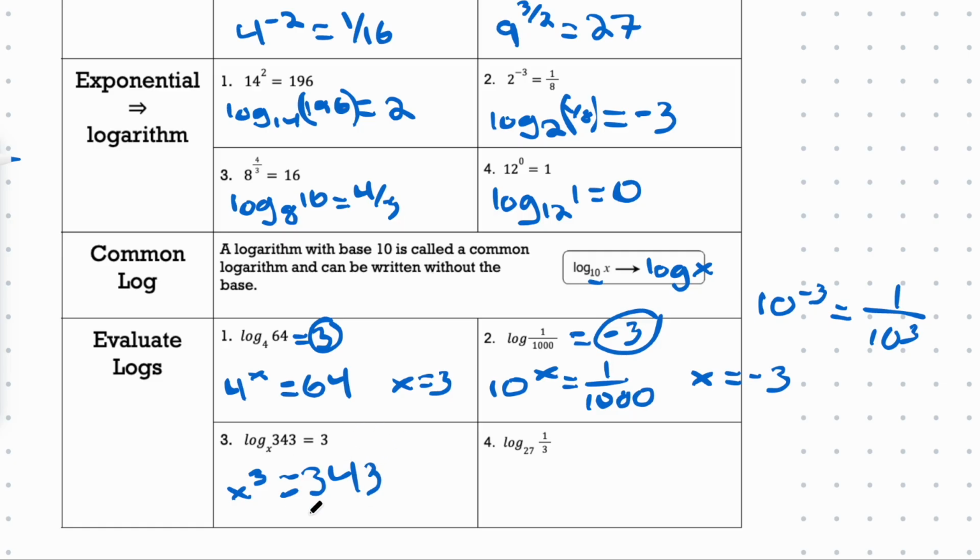Now, some of you may know this straight off the top of your head. You may know your cubes. But in case you don't, what I would urge you to do is think of numbers you know. So I would plug in 5. 5 cubed is relatively simple. It's going to be 125, and 343 is greater than 125, so I know it's going to be greater.